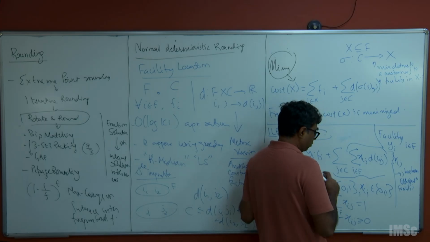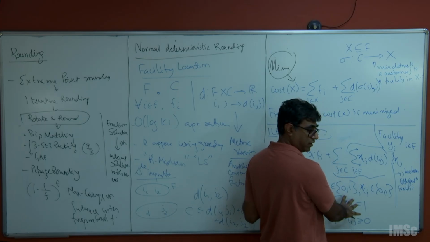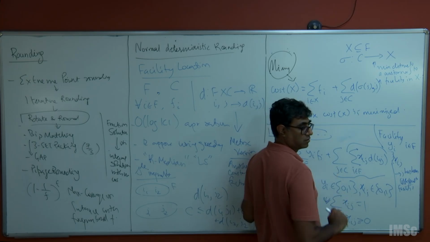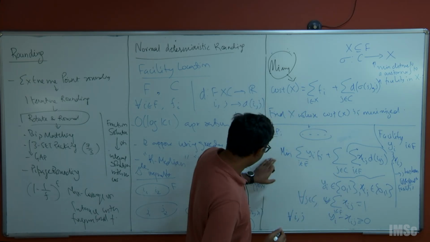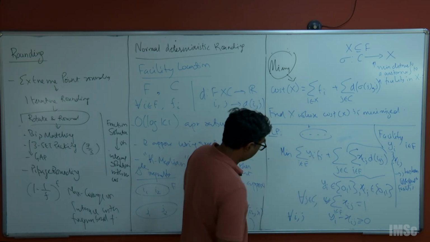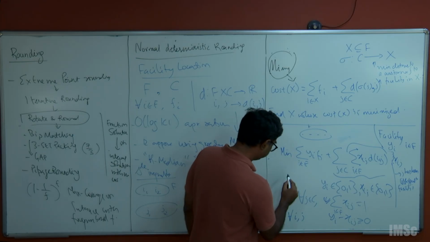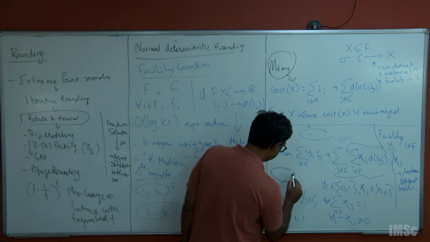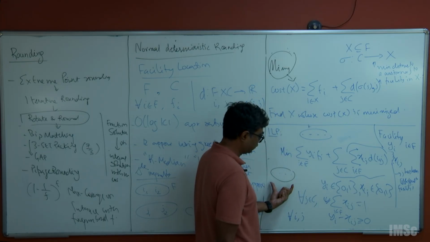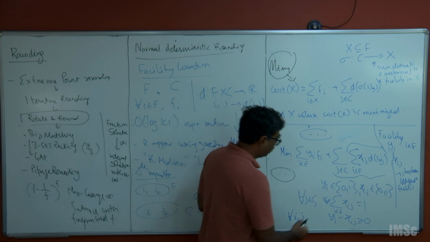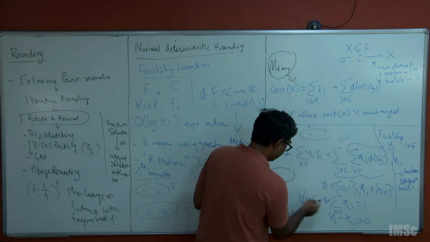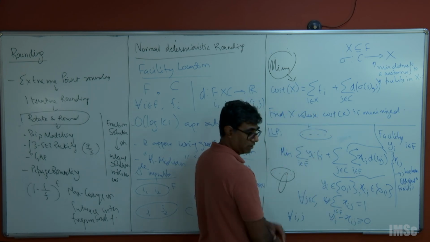Now notice that if you give me a feasible solution here, I can map it to a feasible solution here. How? Look at the set of guys which are assigned 1. Each xij is assigned to exactly 1 guy.